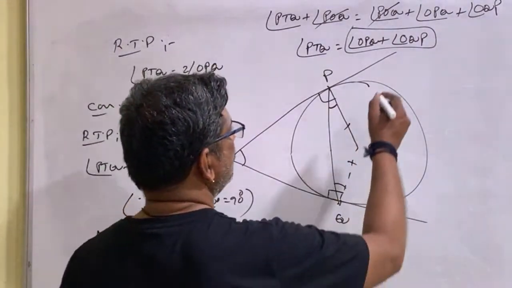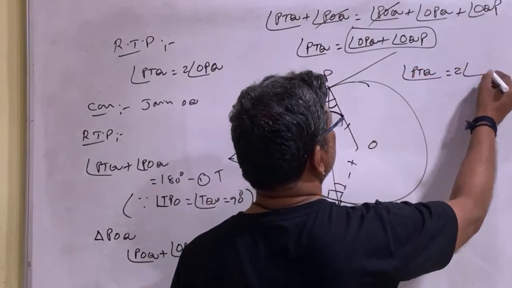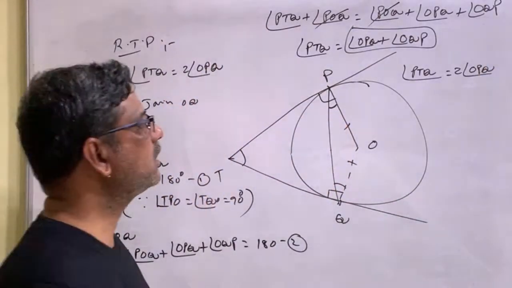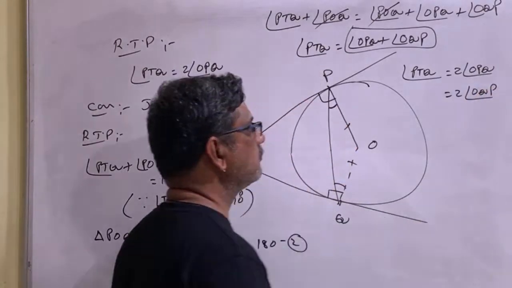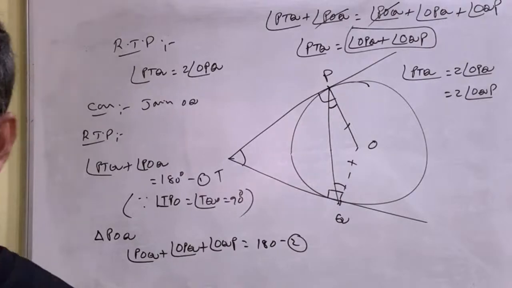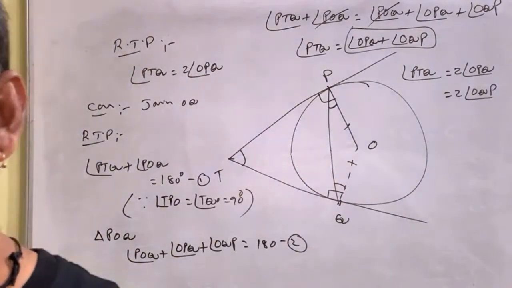So we can write PTQ is equal to 2 angle OPQ, or 2 angle OQP also, no problem. Okay?